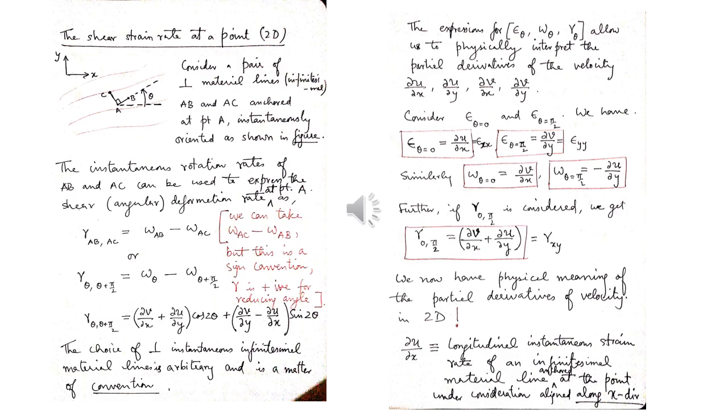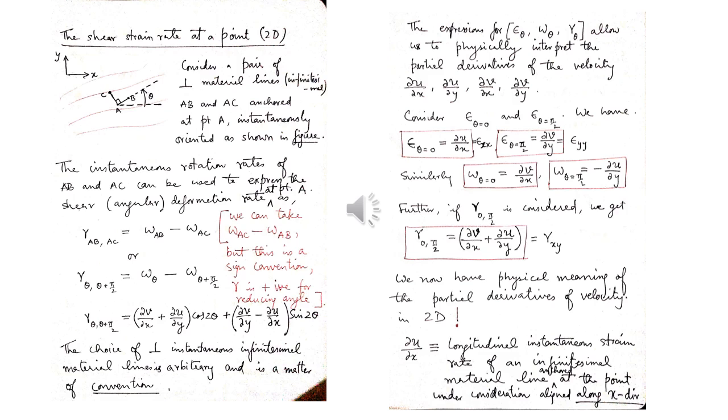Now what is this double subscript notation xx or yy? We simply state it like this: the meaning of del u del x is that it is the instantaneous longitudinal strain rate of an infinitesimal material line, where the strain is along the x direction and the line is initially also in the x direction.